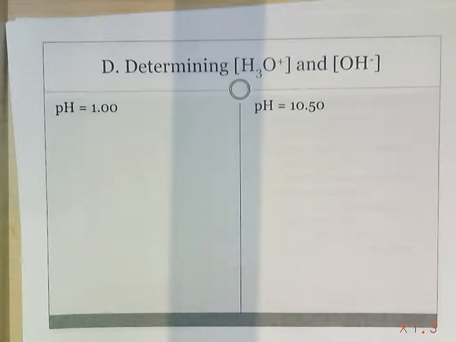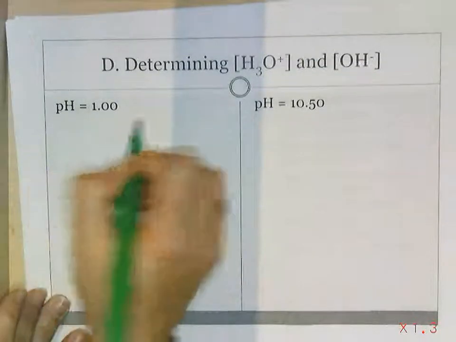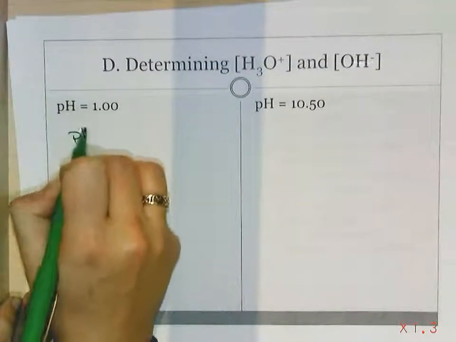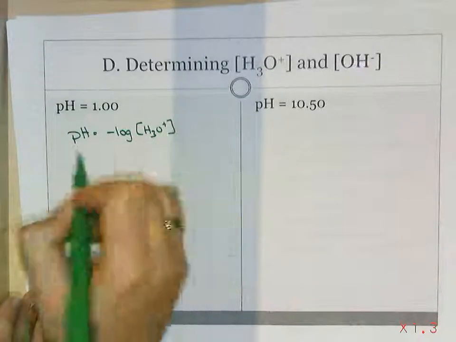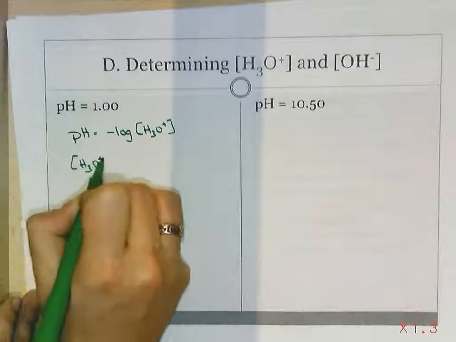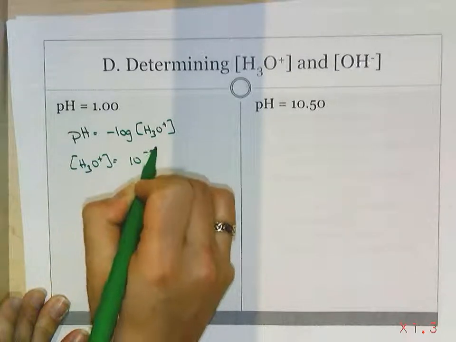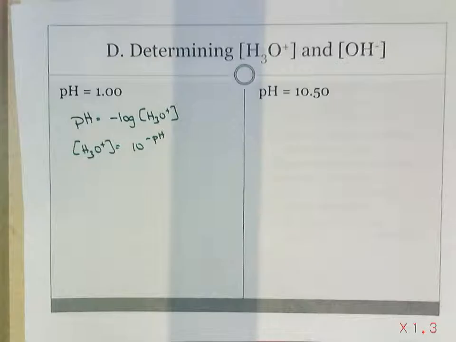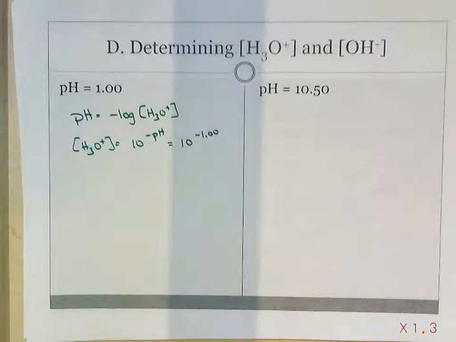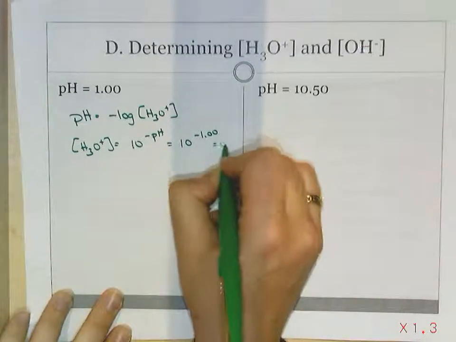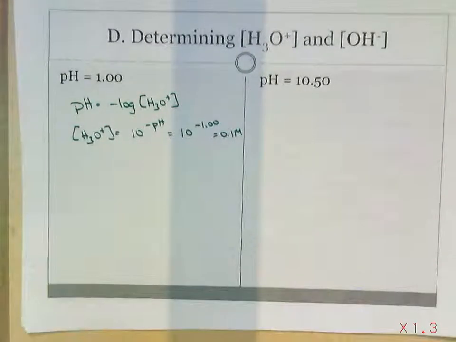So we can definitely do this by rewriting it the more useful way, plugging in the pH that was given to us. That gives 0.1 molar.